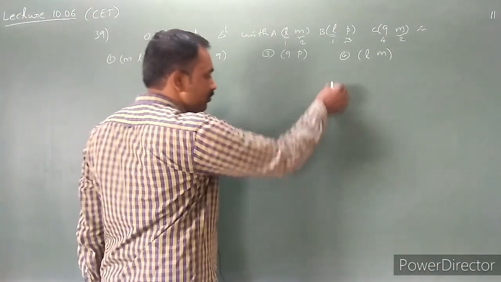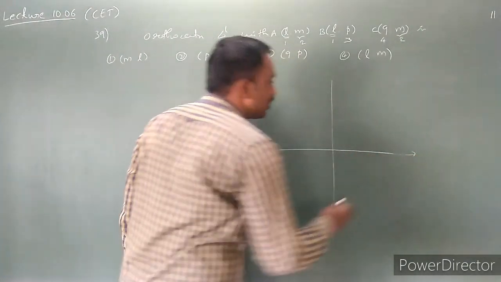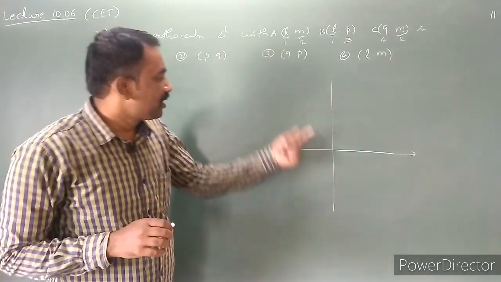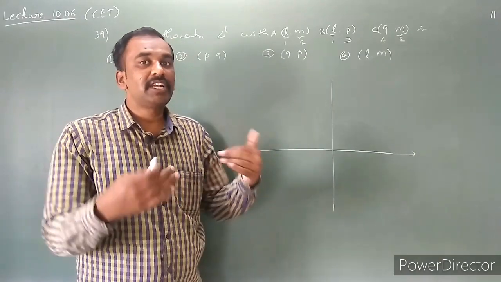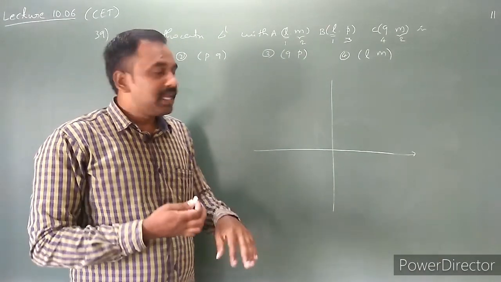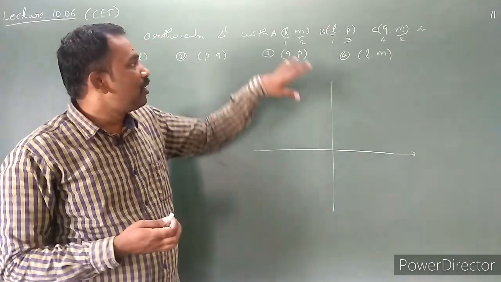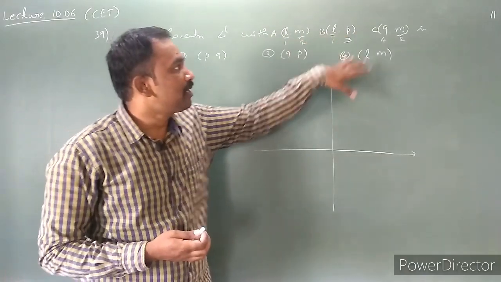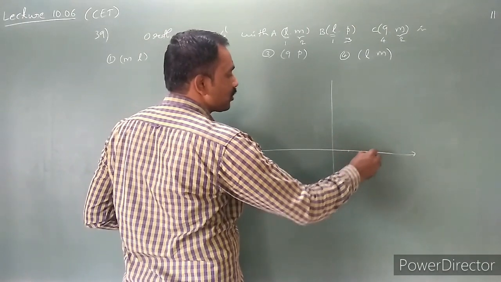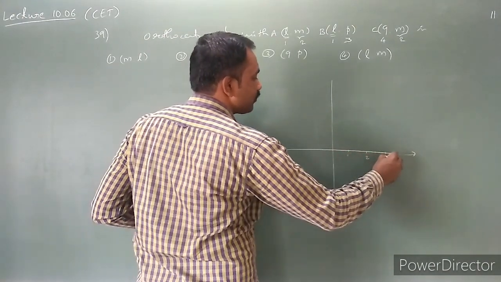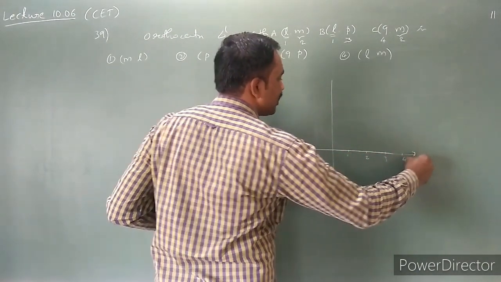Let's draw these points in an XY coordinate plane. Taking L, M, P, Q on the number line as they are is a little bit complicated for drawing the diagram, so that is the reason I am giving particular values for L, M, P, Q. We will get it easily. So the x coordinate is 1, 2, 3, 4, and here it is 5.